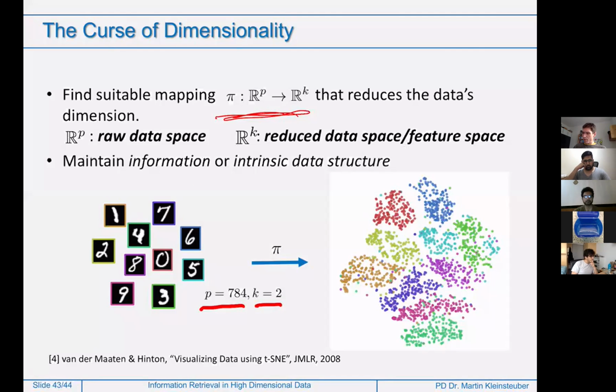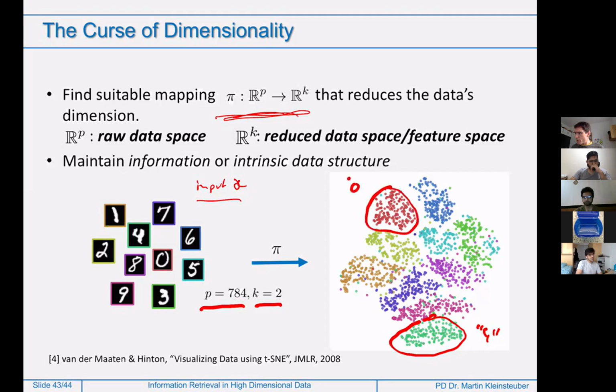So this is the input x, and it reduces the dimension to k equals 2. If you look at it, you see that it does this in a reasonable way, because the 4 is contained in a nearby region, and the 0 is contained in a nearby region. So this algorithm does a good job. This is the aim: reduce the dimension while maintaining the information.